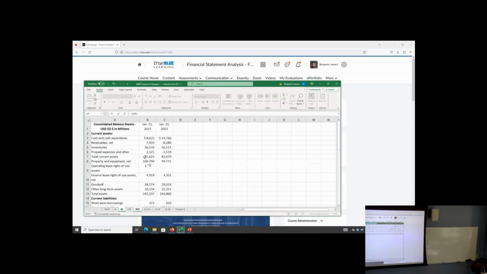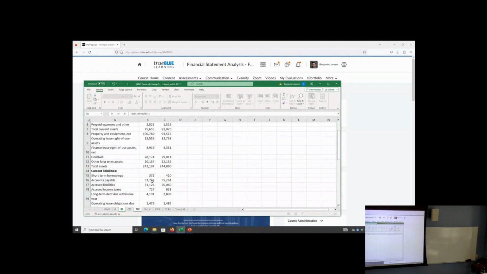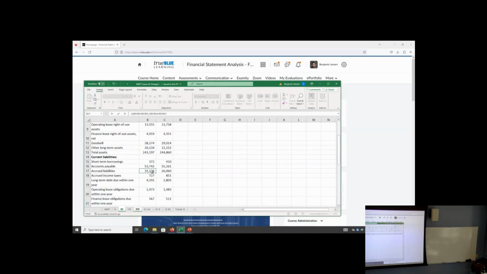It's going to be our receivables plus our inventories, minus the current liabilities in the year. So current operating liabilities, accounts payable plus the accrued liability.